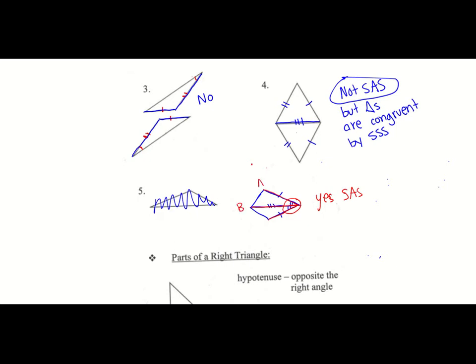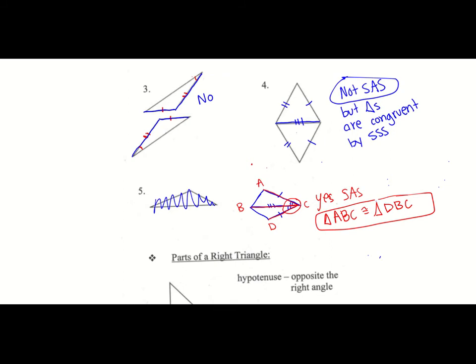So let's write our points and our congruency statement. We can write triangle ABC is congruent to triangle A matches D, B matches B, and C matches C.